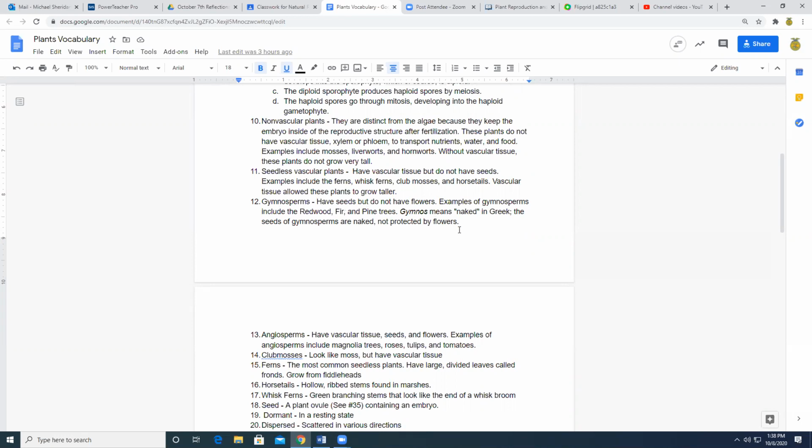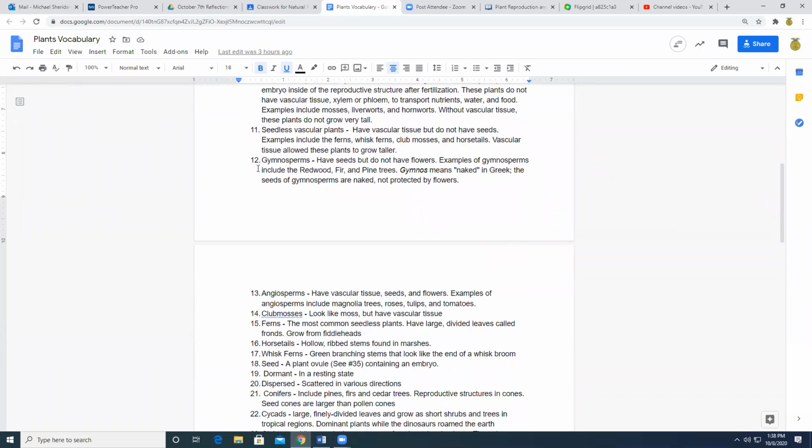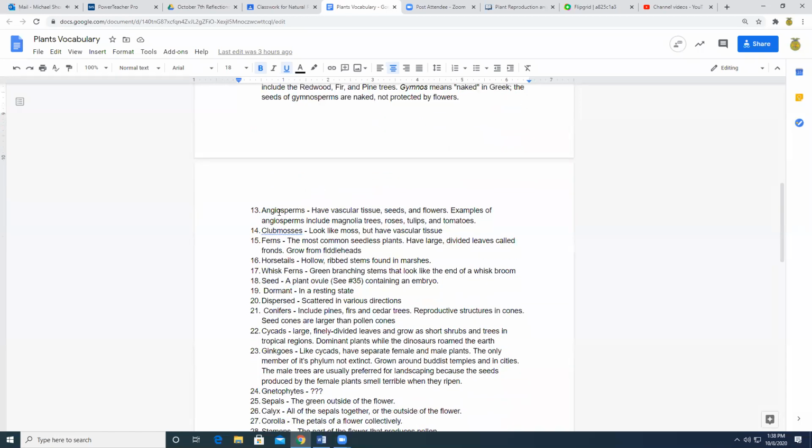Gymno from gymnosperm actually means naked in Greek, meaning the seeds aren't protected by a flower. Then we get into angiosperms, which is what we just got done reading earlier this week. These have vascular tissue, seeds, and flowers. They are the most complicated plants, everything from roses to tulips to tomatoes to corn plants, all those other things that have flowers of any kind and have seeds. They are going to be angiosperms.